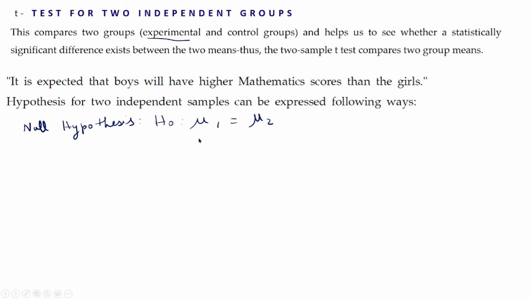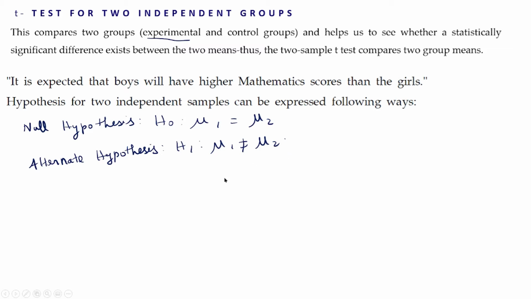So that is the null hypothesis. And then we have the alternate hypothesis H1. It states that there is significant difference between the mean mathematics scores of boys and girls. That is mu1 not equal to mu2. So this is how we have to write the hypothesis.